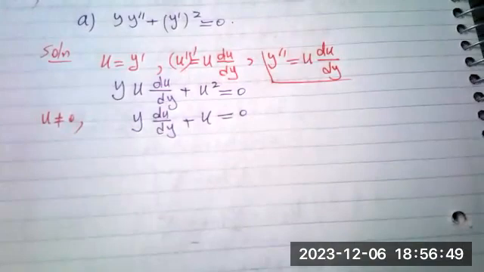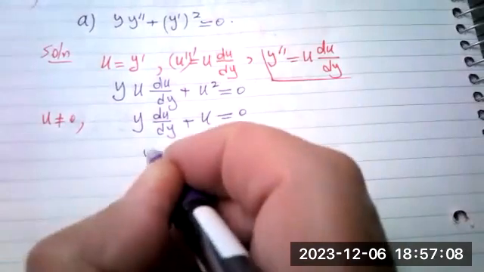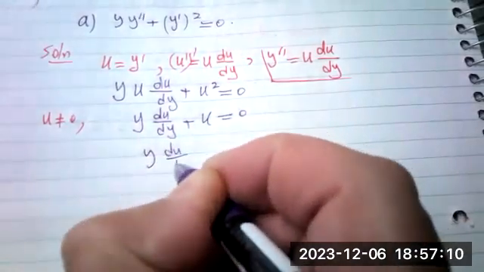Any suggestion? How can we solve this one? That's it, yes. Separable variable, or separated variable. You separate so that you put the u and the du together, and the y and the dy together, to be able to do it. This is how we can arrange it.